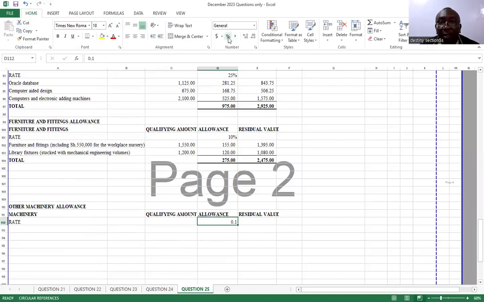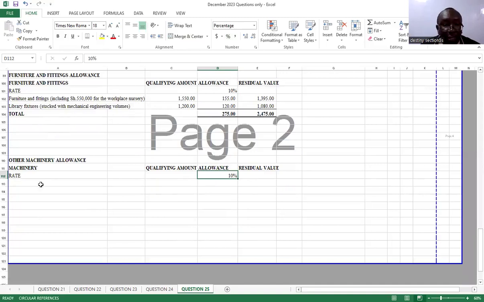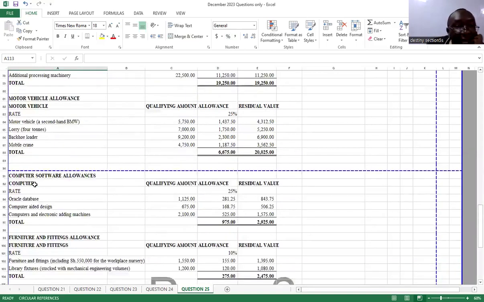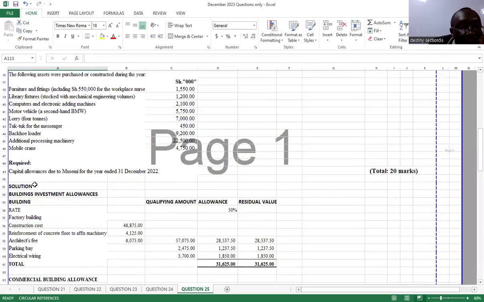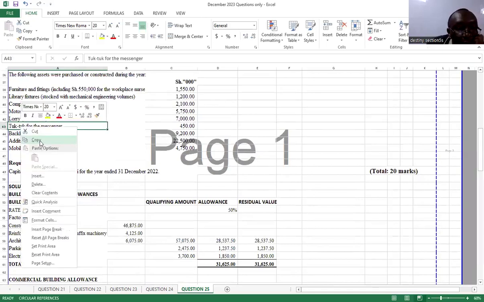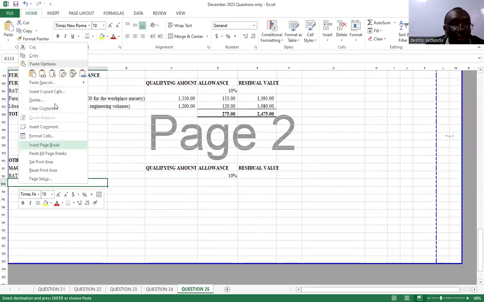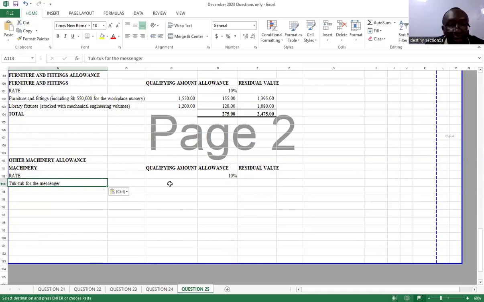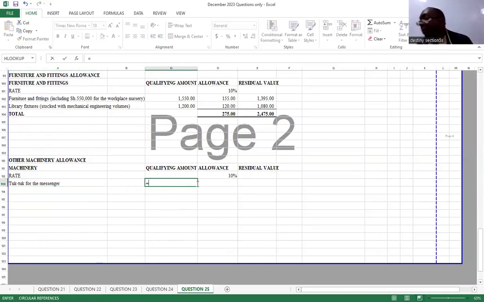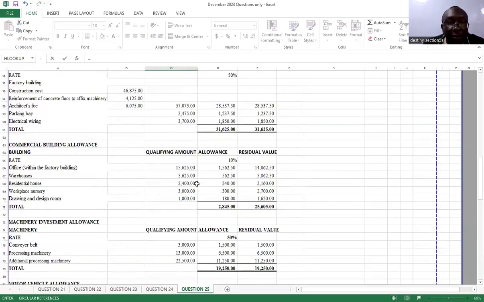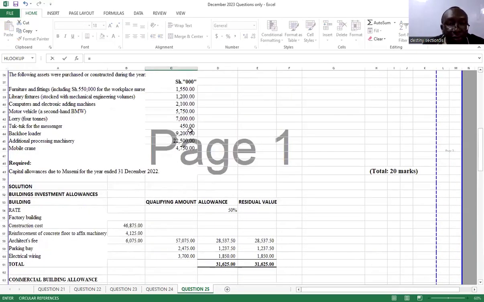So where do I indicate percent? Is here. So if that is where I make it 10%, then the other machinery that remains is this person called tuk-tuk. So tuk-tuk for the messenger there. So the qualifying amount is this one.